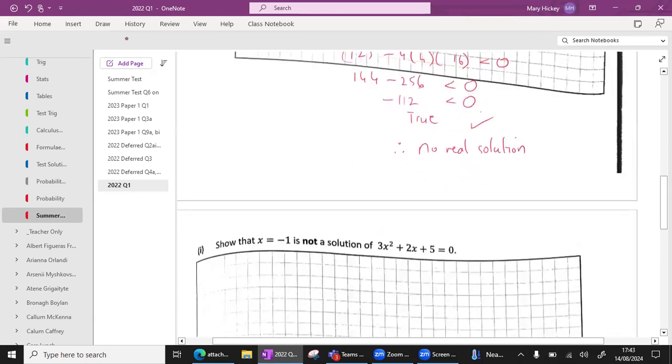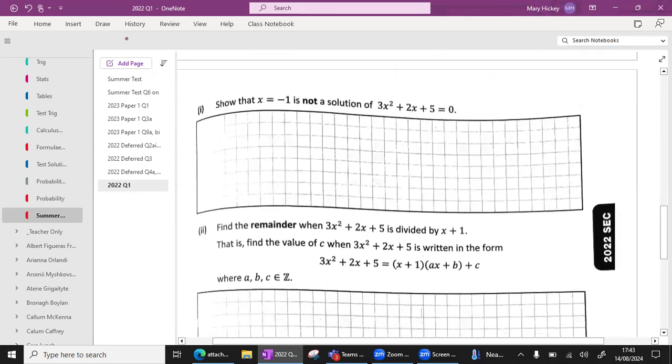What else is there? We have to show that this is not a solution. So in other words, x is not minus 1. Let's fill it in and see what happens. Minus 1 squared is 1. 1 by 3 is 3. 2 by minus 1 is minus 2, plus 5 equals 0.